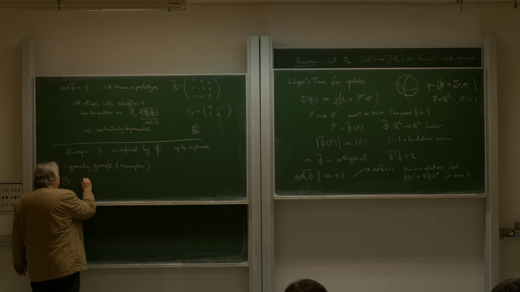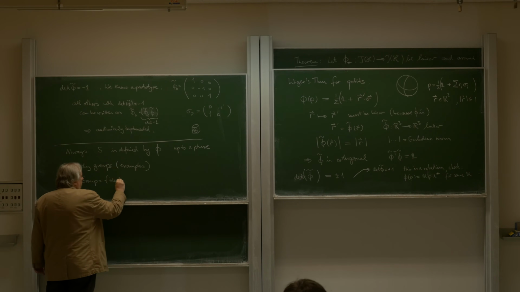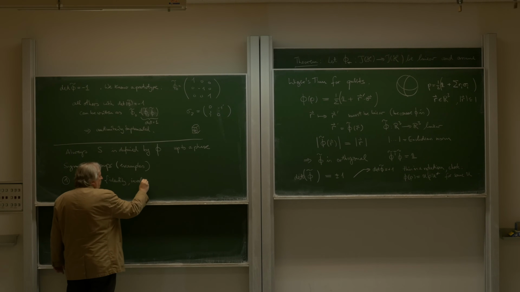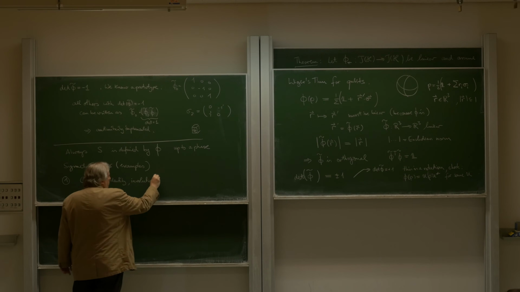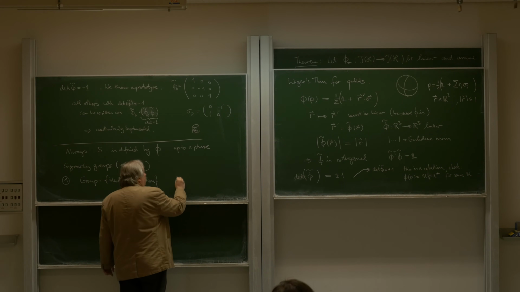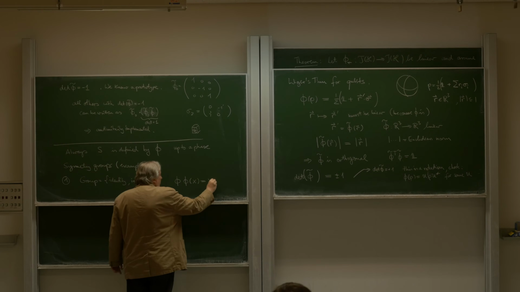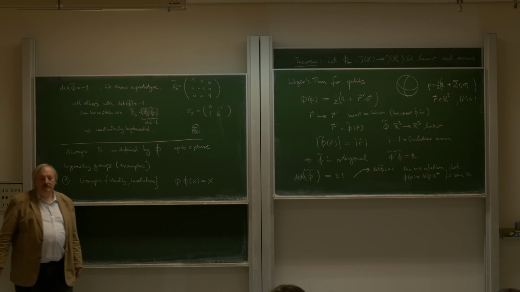So the group has the identity and an involution. That means that if I take the order isomorphism and apply it twice, I have to get back x.